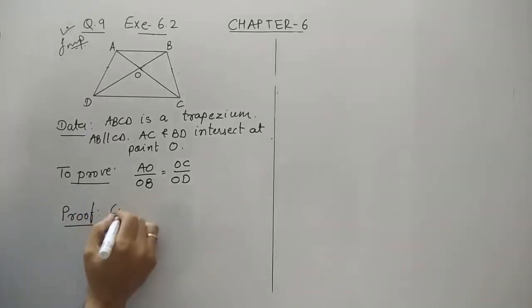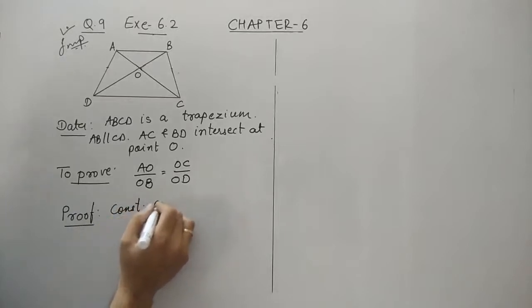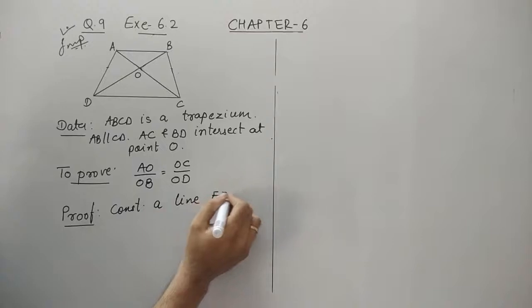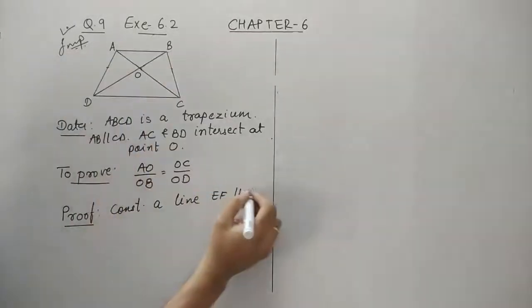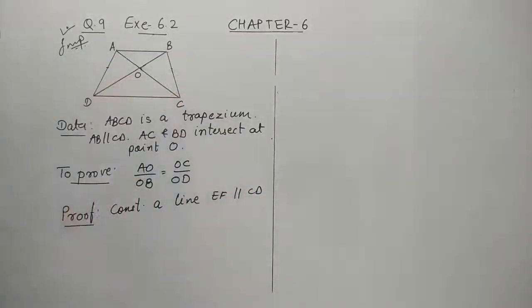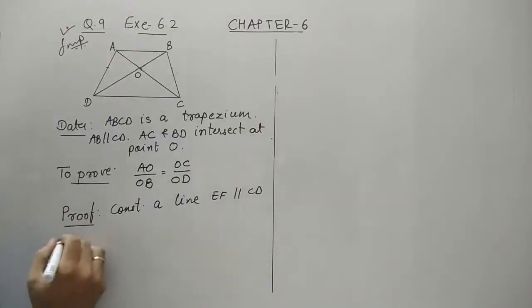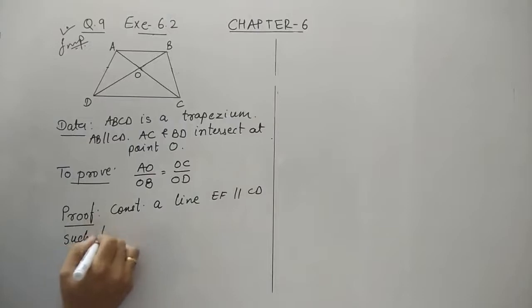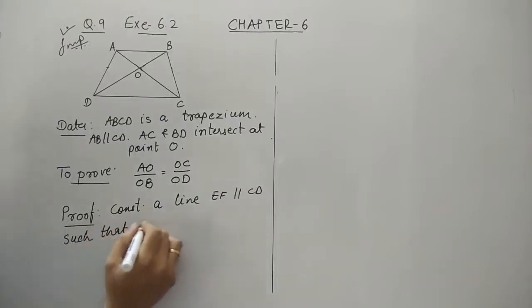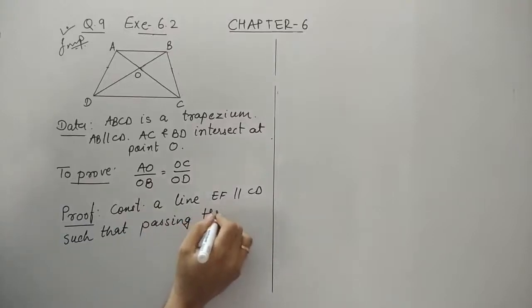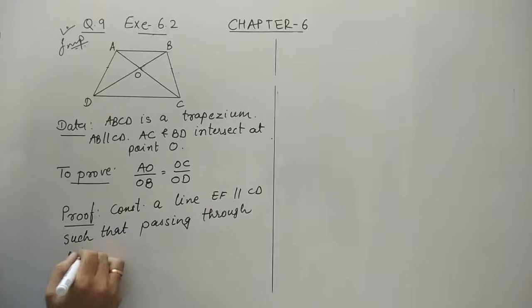we have to first construct a line EF which is parallel to CD, which I'll just draw. But you have to remember this to do the sum: this line is passing through point O. Let me just draw it.